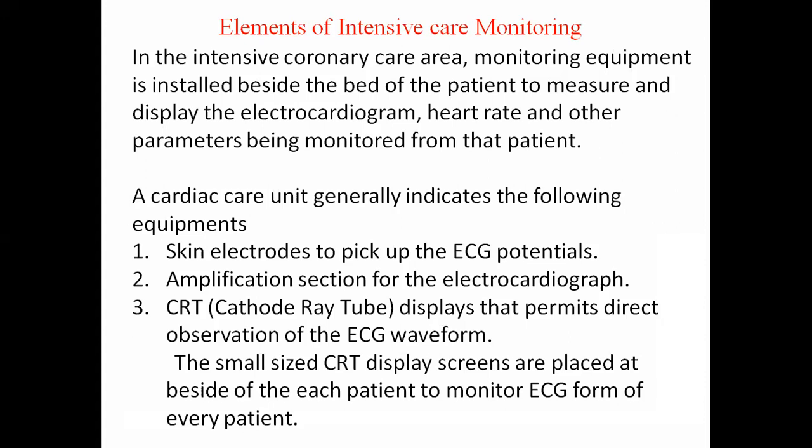There is a screen, CRT tube screens. On that CRT tube, we can observe the waveform. The output of the amplifier sections will be connected to the CRTs, and there we can observe the waveform. From observing the waveform, we can analyze the situation of the patient.